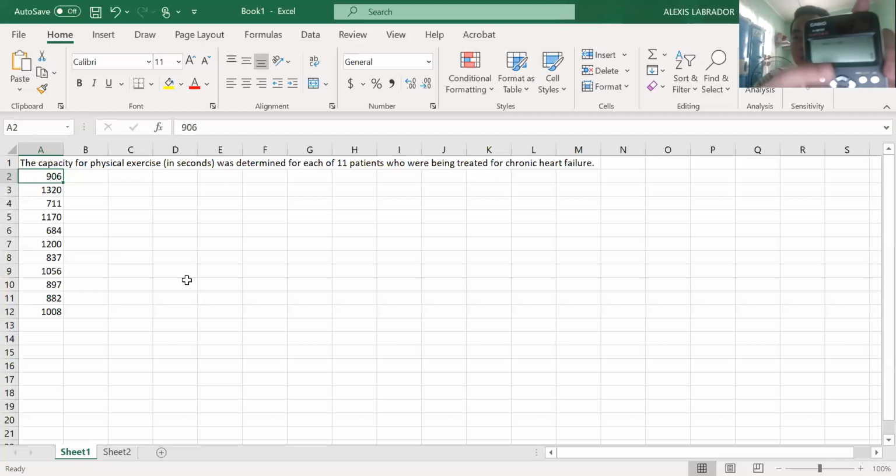So this updated model of calculator is very useful in calculating different statistical tools such as mean, median, standard deviation, variance, and range.